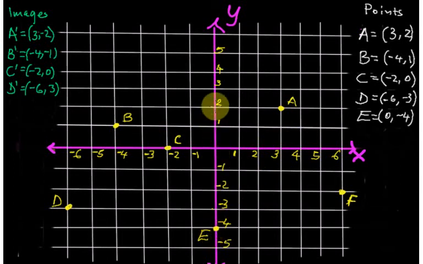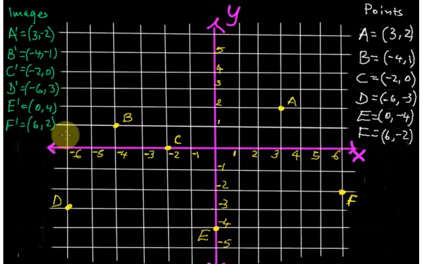The image will be seen up here, which is (0, 4). And the last one is F, (6, -2), and this will be seen at (6, 2). So these are the points and the images.